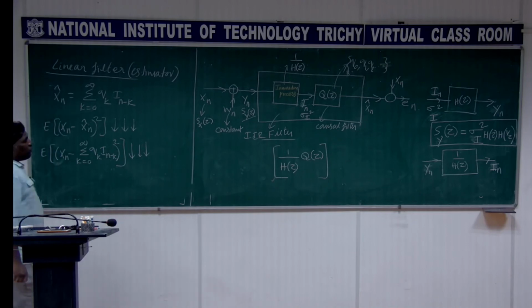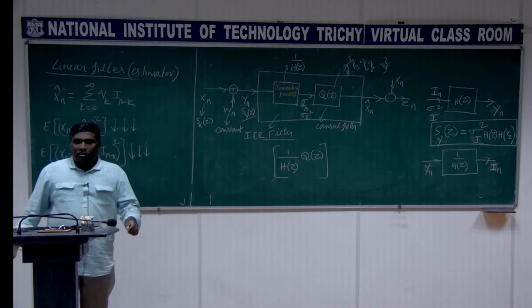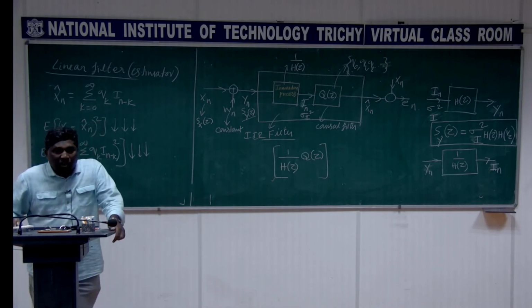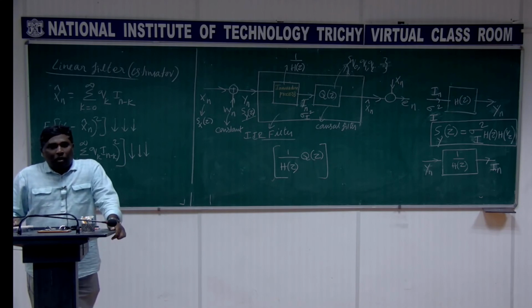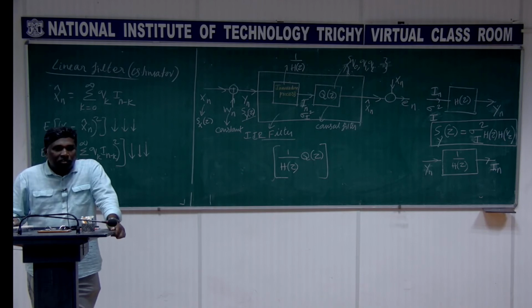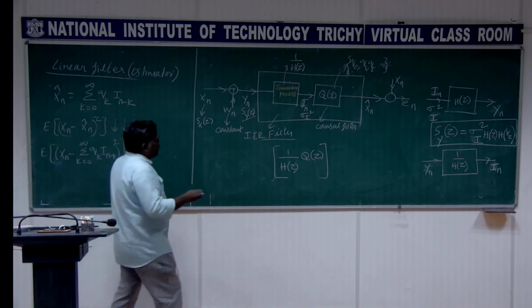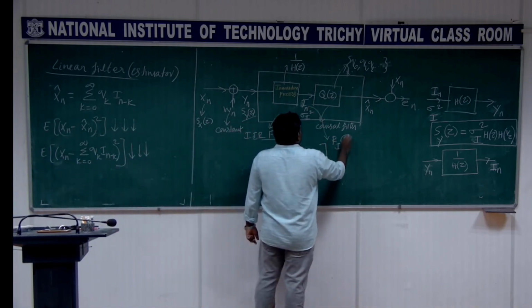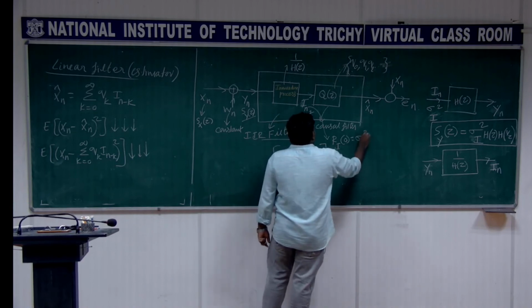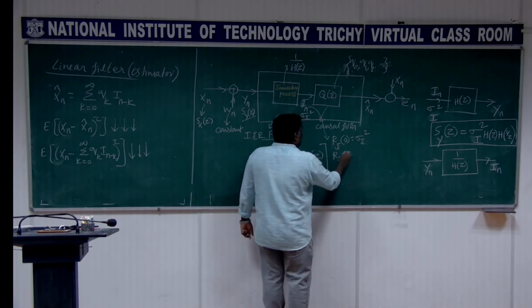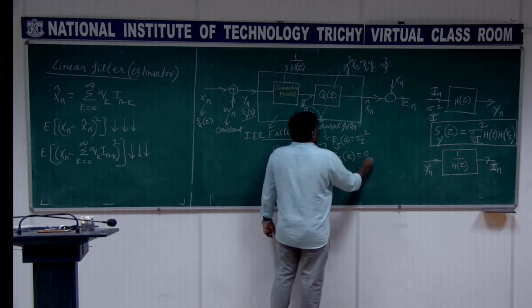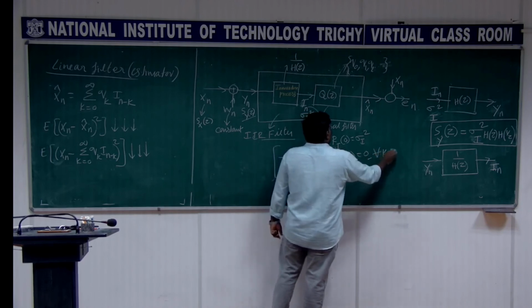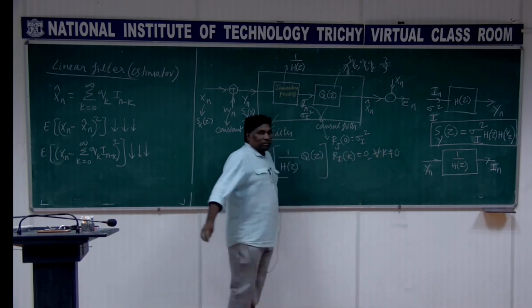The interesting point here is the characteristics of I(n). The autocorrelation of this I(n) is white, right? I already wrote that R_I(0) is going to be sigma I square, and for k not equal to 0, this value is 0.